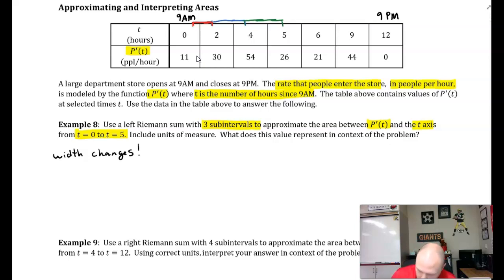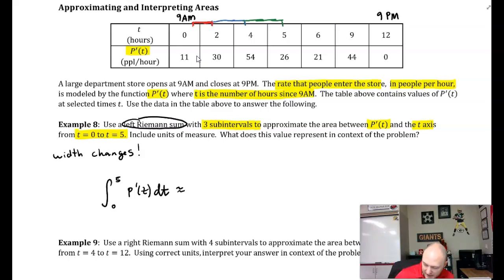All right, so I'm going to generate an integral. I'm going to say the integral from 0 to 5 of p prime of t dt with respect to t is approximately, so this is a left Riemann sum.